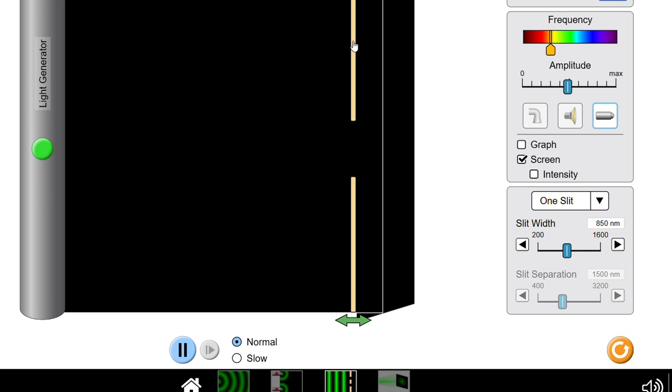Now let's open our simulator. All right, so this is our simulator, and now we want to turn on this light.